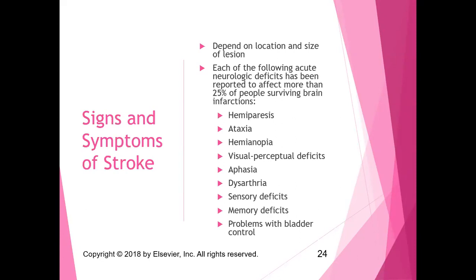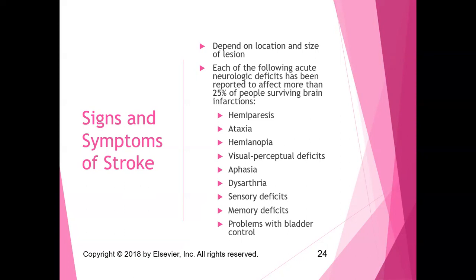Absolutely use it all. So the signs and symptoms of a stroke, any stroke, are going to depend on the location and the size of the lesion. So we talked about all those different areas and how lesions in the different areas might affect the function. And this is from the last PowerPoint. This is the same slide. Now you can see hemiparesis, obviously the motor cortex is going to be involved. Ataxia, cerebellum. Hemianopia, the visual cortex.